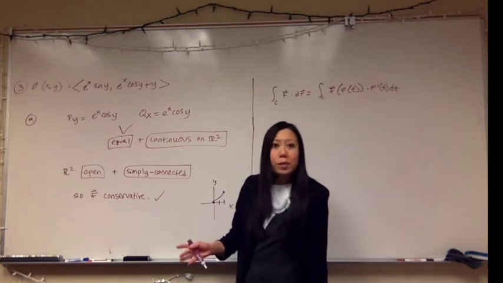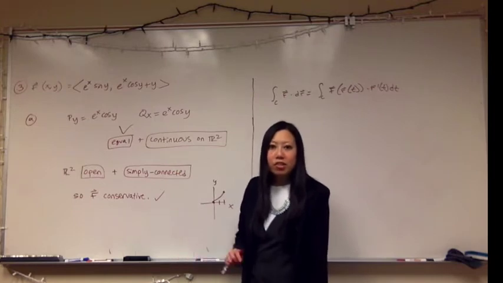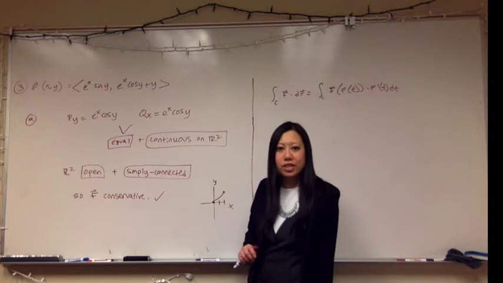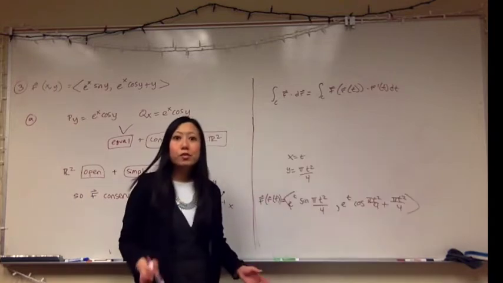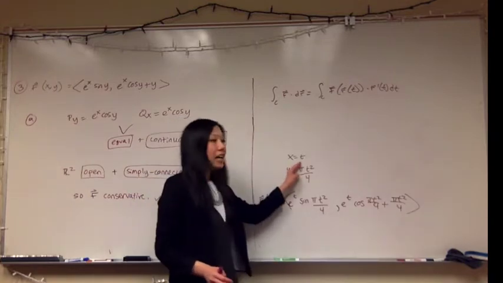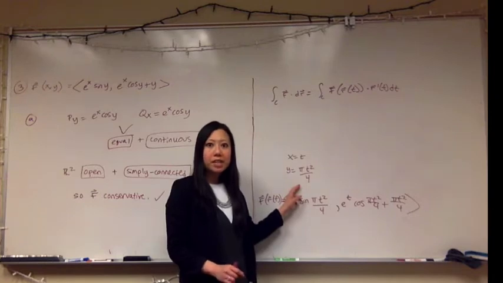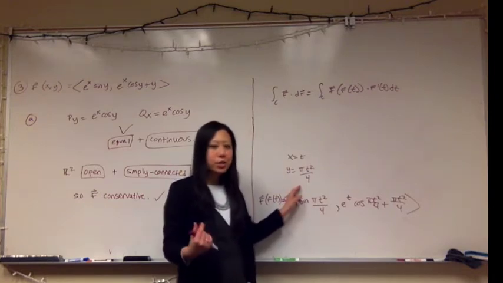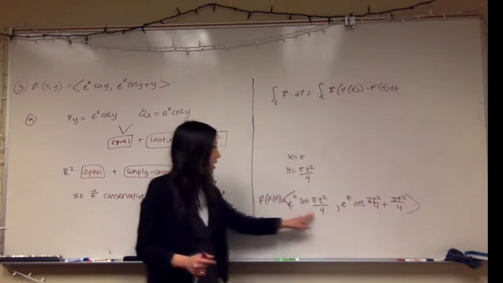We don't want to parameterize when either the parameterization looks like it's going to be complicated or the integration looks like it's going to be complicated. So if I try my parameterization, I get x equals t and y equals pi t squared over 4. Then if I plug that parameterization into the vector field, I get this, okay?